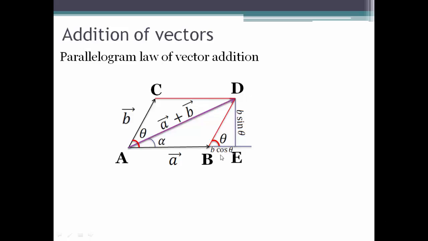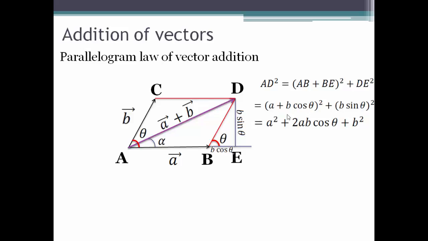Since DEB is a right angle, then in triangle ADE we have AD square equals AE square, that will be AB plus BE the whole square, plus DE square. AB plus BE is nothing but A plus B cos theta, that will be the whole square, plus B sin theta the whole square. Simplifying it, we get A square plus 2AB cos theta.